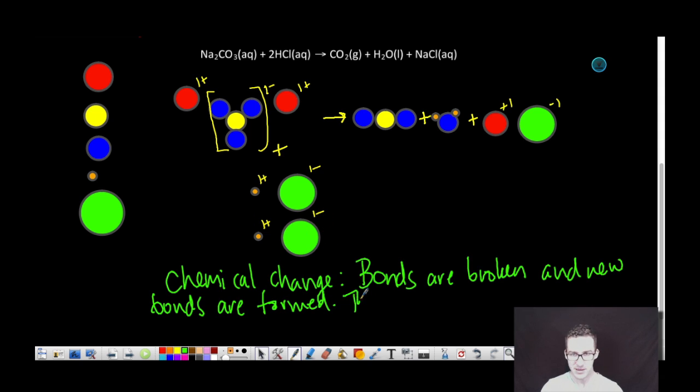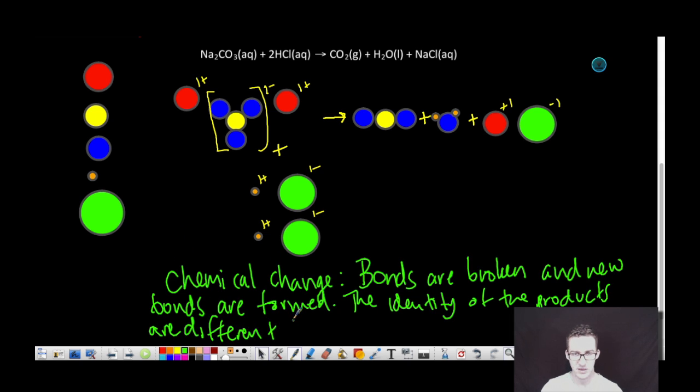The identity of the products is different from the identity of the reactants. Boom.